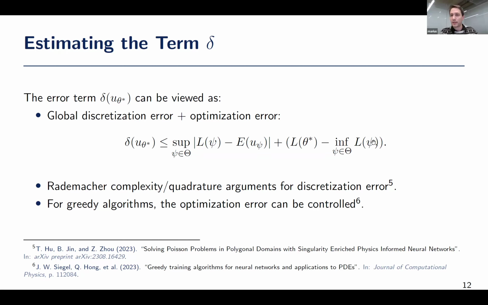And for the second term, in case you are using a greedy algorithm to solve a problem like this and your ansatz class are shallow neural networks, there are guarantees by work of Jonathan Siegel and co-workers that are able to estimate this term. But both admittedly are not in full generality. So the story is not finished here, but there are first positive results.